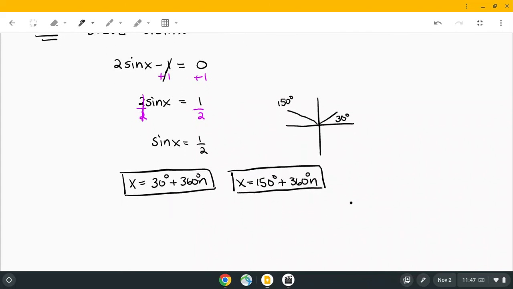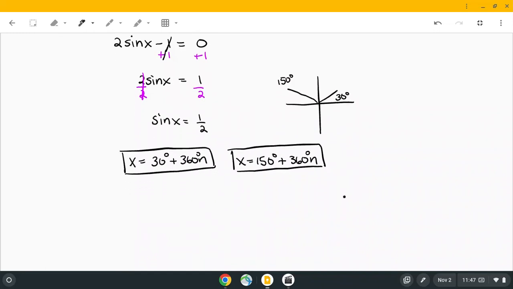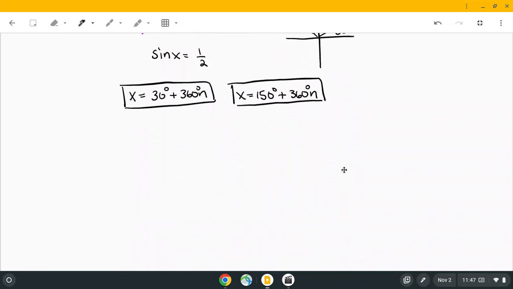If it says solve like this, next example, then you don't have to do that. So you might get one that says solve 2 cosine x minus 1 equals 0. If it just says this, then we would have to write our answer like that.